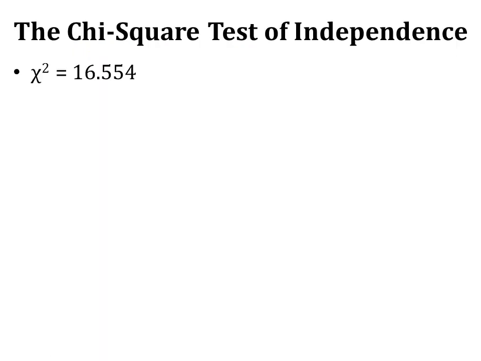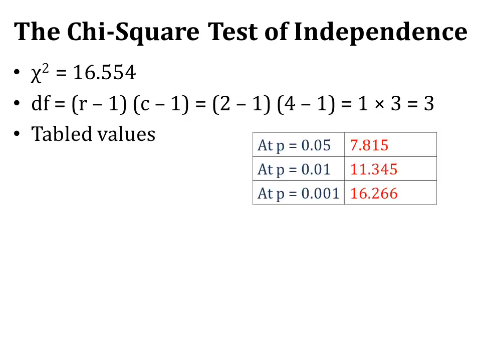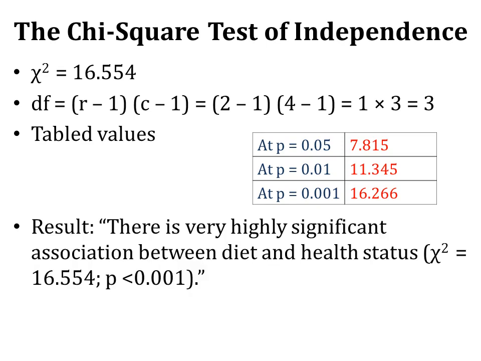So chi-square value is 16.554, degree of freedom is 3, the table values are 7.815 at probability of 0.05, at probability of 0.01 it is 11.345, at probability of 0.001 it is 16.266, and our calculated value is greater than all of these values. So we are going to say that there is a very highly significant association between diet and health status. So chi-square is equal to 16.554 and probability is less than 0.001. That is why our result is very highly significant.